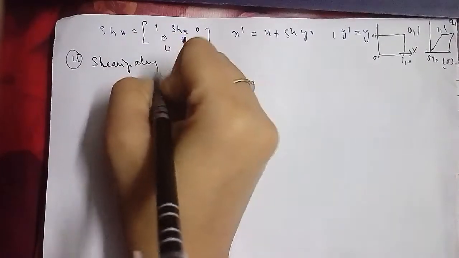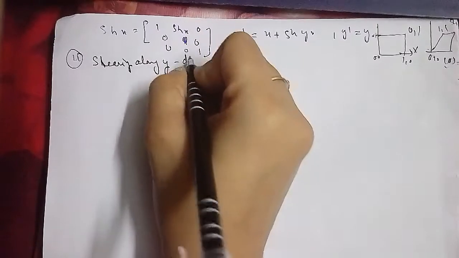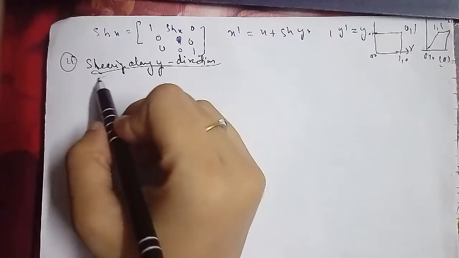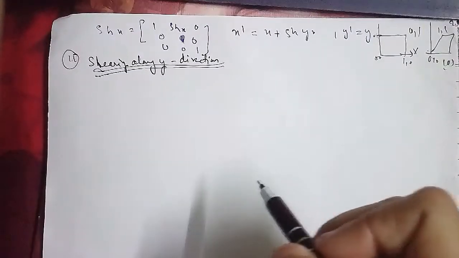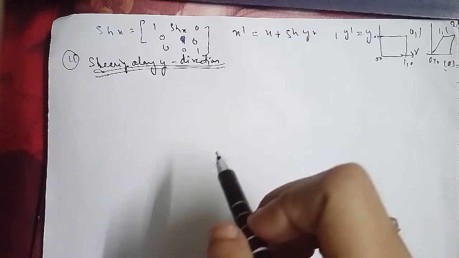In this, the transformed coordinate positions are x dash equals x and y dash equals shy times x plus y. We'll talk about it here.